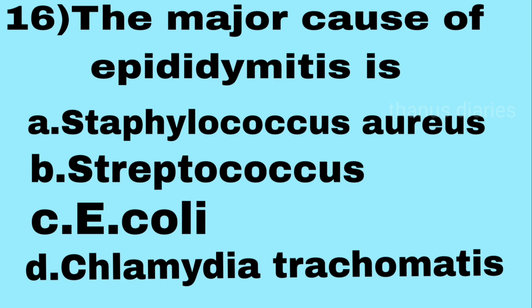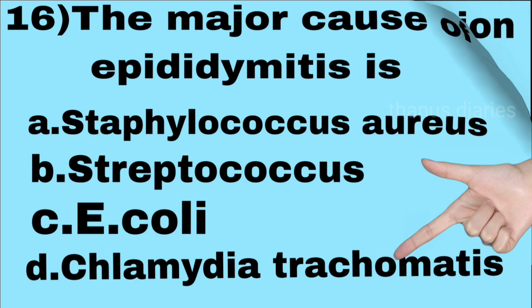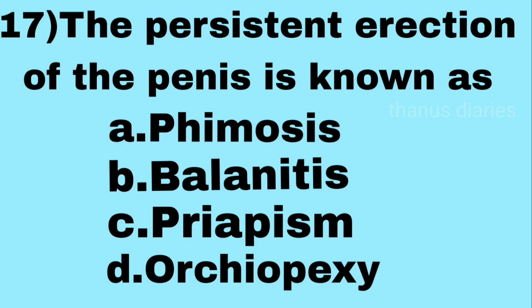The major cause of epididymitis is: Staphylococcus aureus, Streptococcus, E. coli, Chlamydia trachomatis. And the answer is Chlamydia trachomatis. The persistent erection of the penis is known as: phimosis, balanitis, priapism, orchiopexy. It's known as priapism.